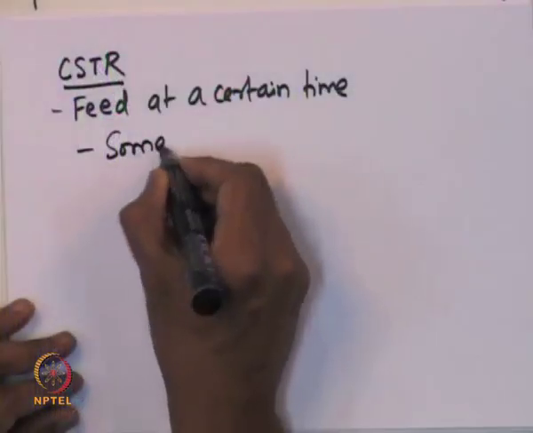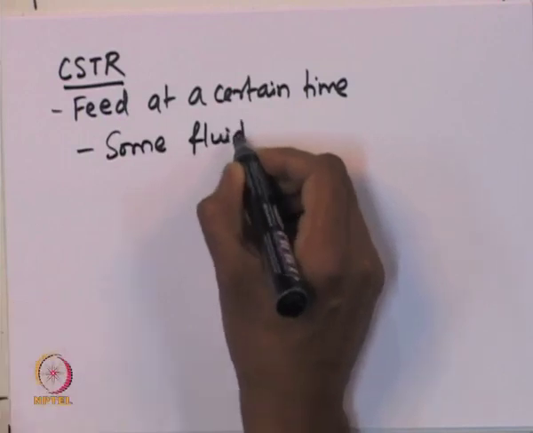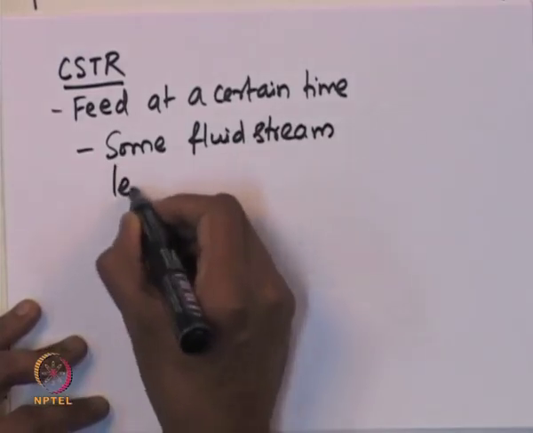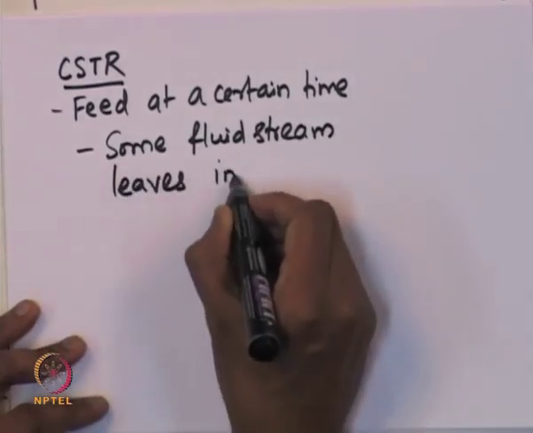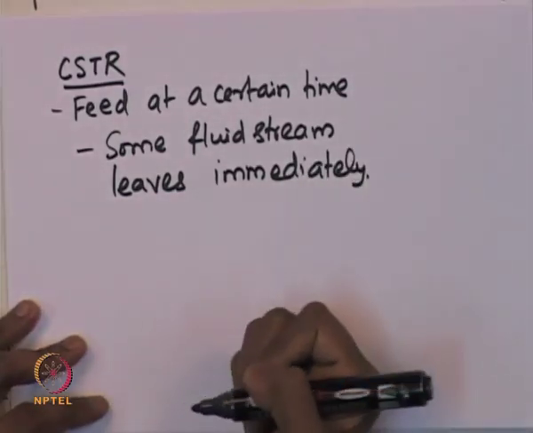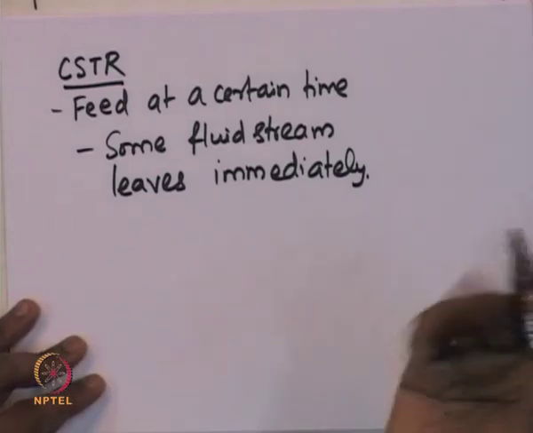So, it is possible that some fluid stream leaves immediately, and therefore the residence time of this fluid stream which leaves the reactor immediately is going to be very small. And in fact, it is going to be different as compared with the residence time of other particles which are staying inside the reactor.